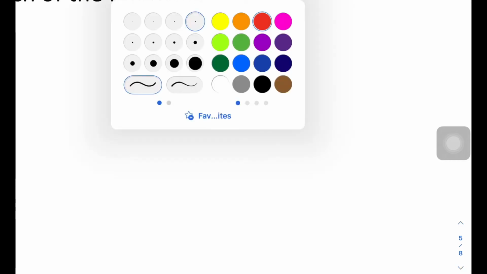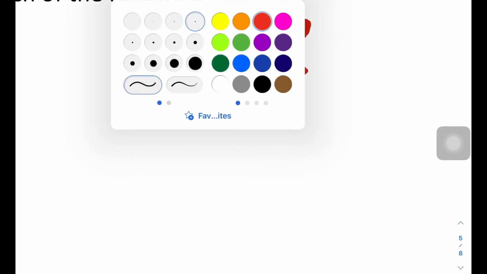So let's start with the 4 different suits. We have red hearts, red diamonds, clubs, which are these clover looking things, and then we have spades.